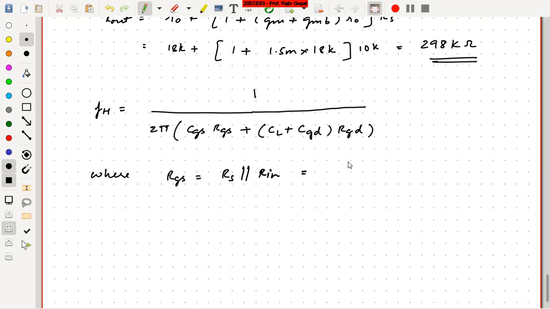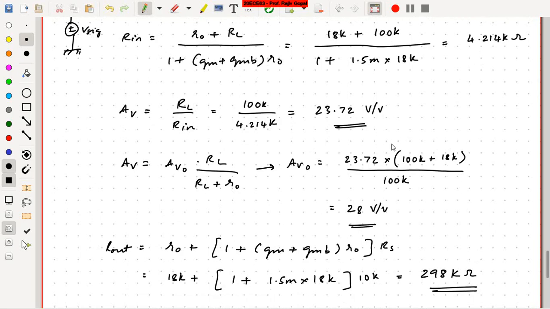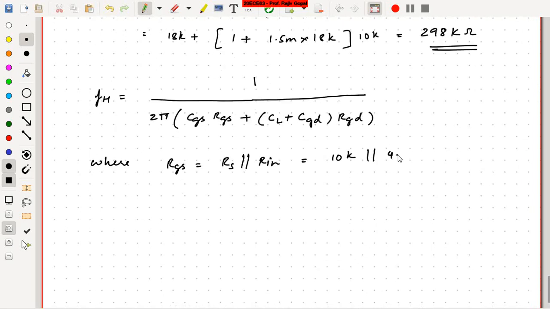So RS is 10 kilo parallel Rn, Rn is 4.214 kilo. And RGD is R out parallel RL. R out is 298 kilo ohms parallel RL, which is 100 kilo ohms.